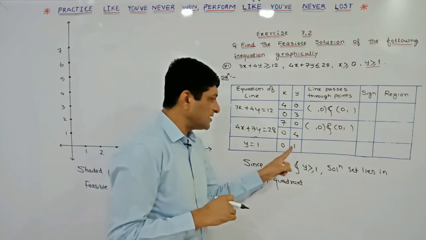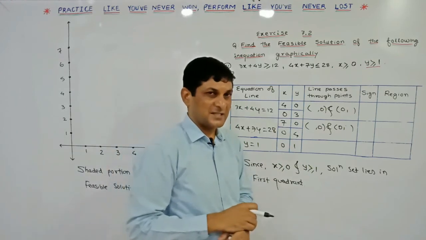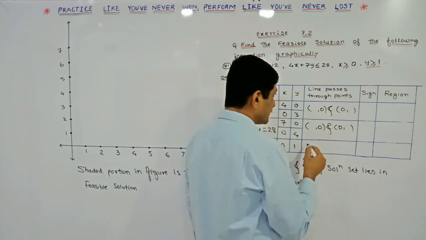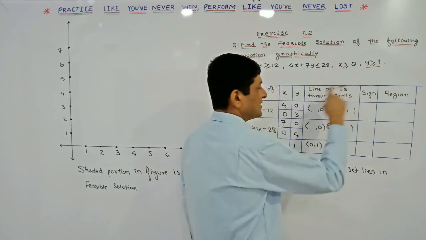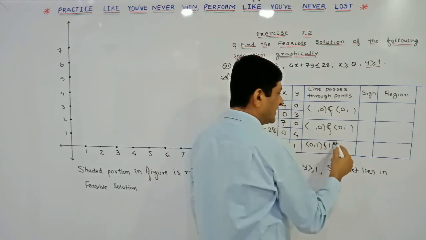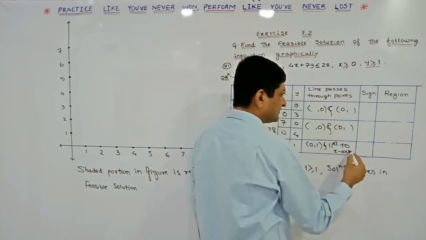Just substitute y is equal to 1 and take any value of x, but for simplicity we are taking x is equal to 0. So we can say that this line passes through what? (0, 1). Already here we have written that the line passes through this point and is parallel to which axis? Parallel to the x-axis.